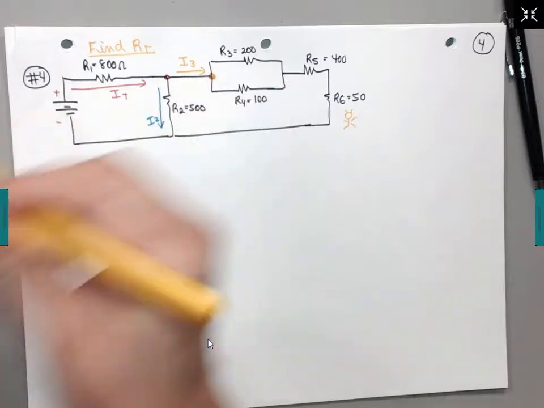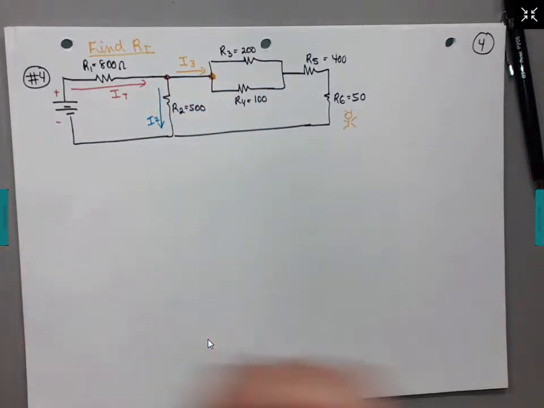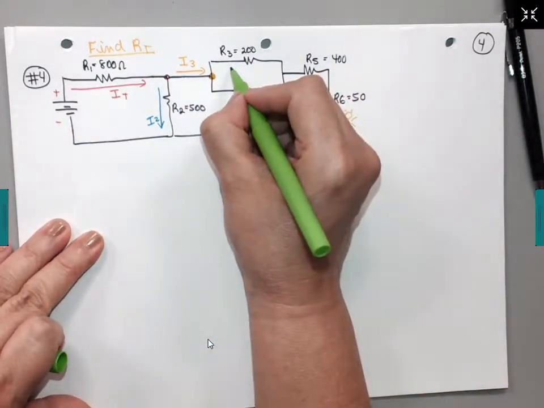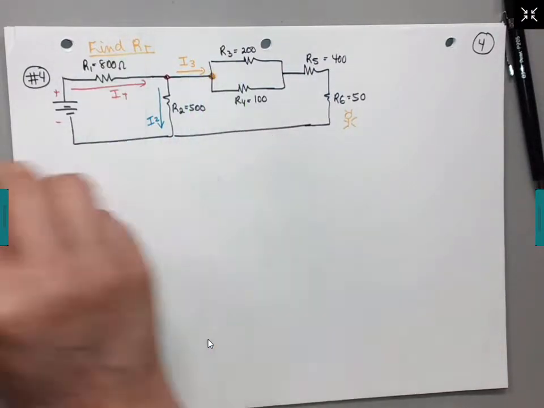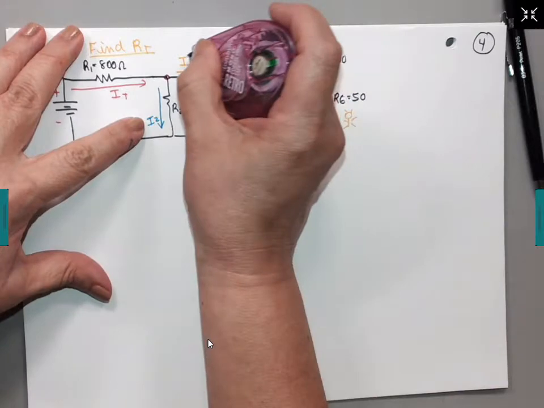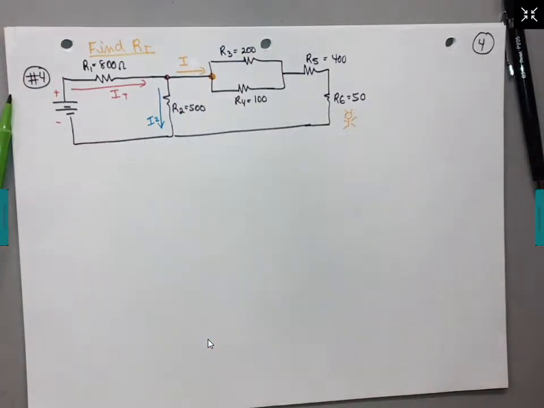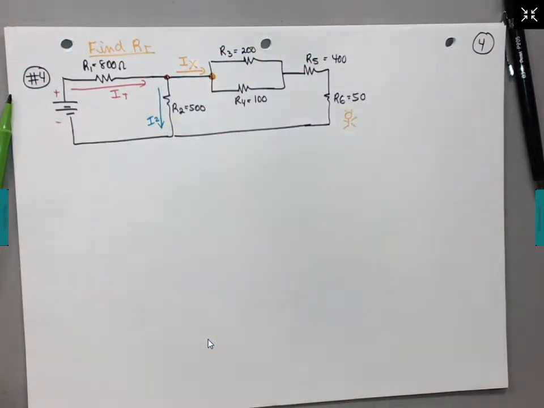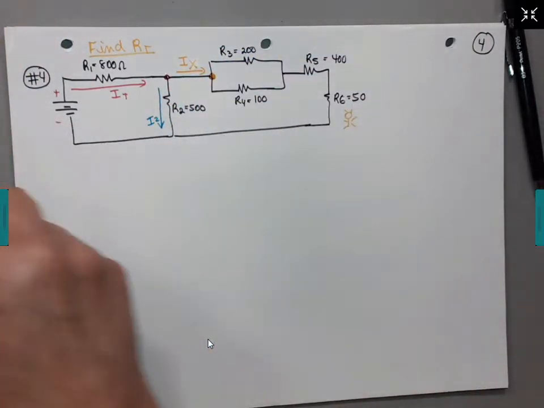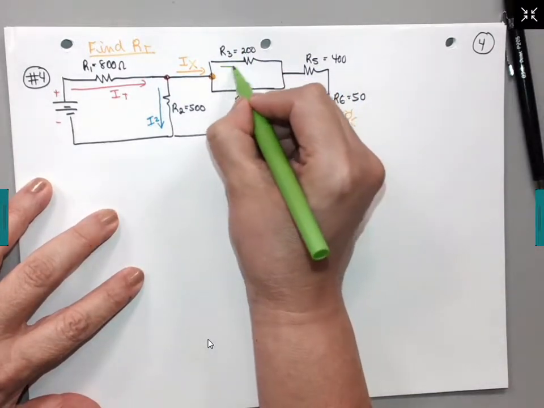At this node right here, let me see if I have enough colors. We're not going to call it 3 because we're already calling another one 3. Let's call it IX, just because we have no resistor named that. We can call it whatever we want. If I call it I3, we're going to get confused with this one.